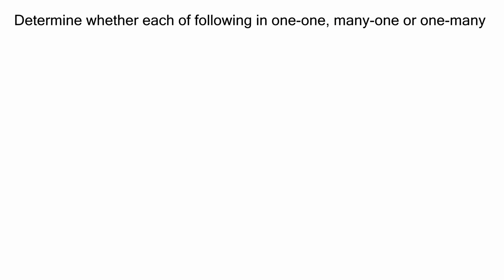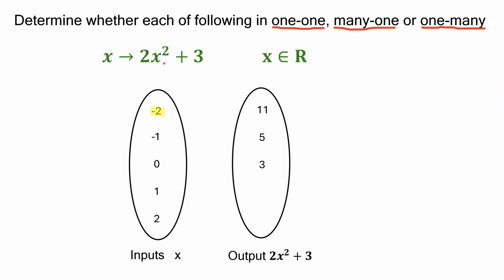In the next question, we have to find which one is one-one, many-one or one-many. There is another equation, another relationship. Here the same x is the input and the input goes to this expression. -2 squared is 4, 4 times 2, 8, 8 plus 3, 11.